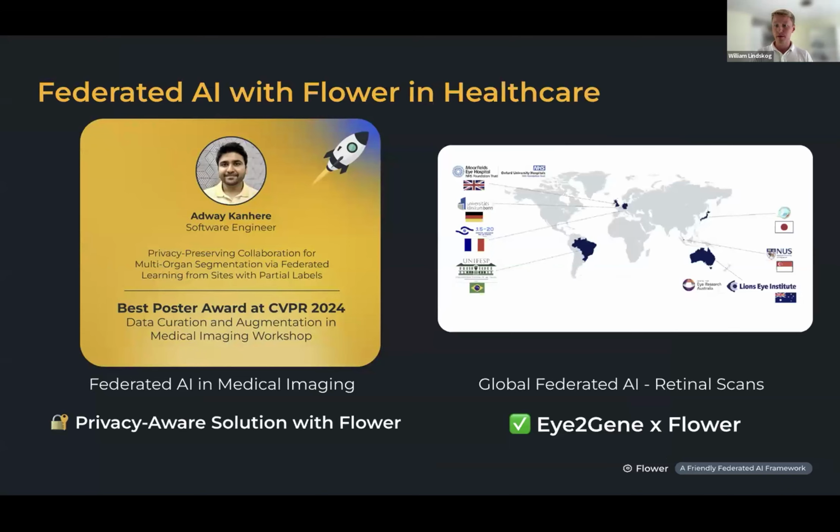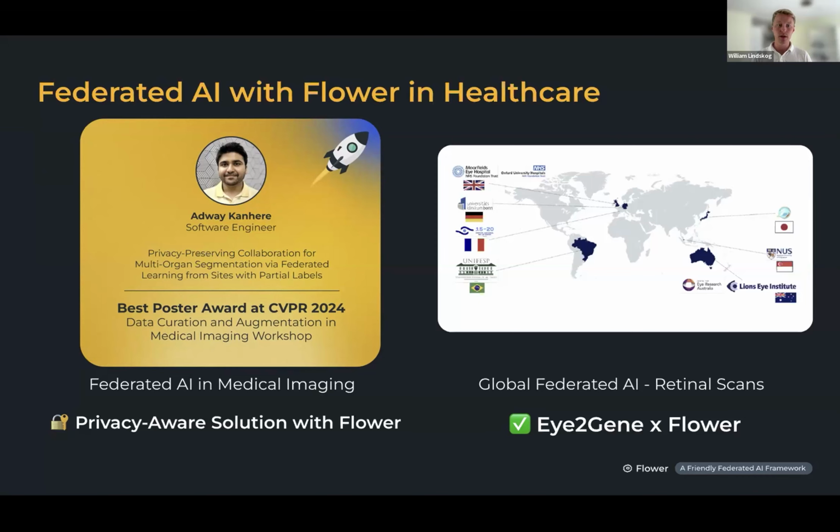Then also healthcare. We've heard about healthcare earlier, and I just wanted to highlight some that have been developed and worked on throughout the last year. One of them is federated AI in medical imaging. This is a privacy-aware solution that is built on top of Flower, by Adway from University of Maryland.